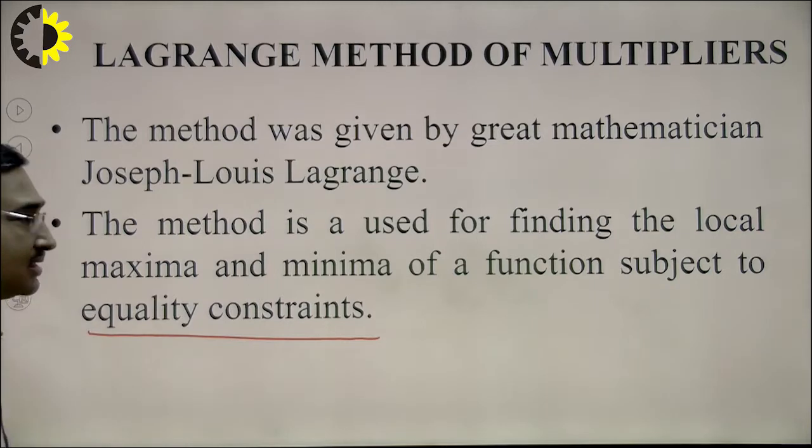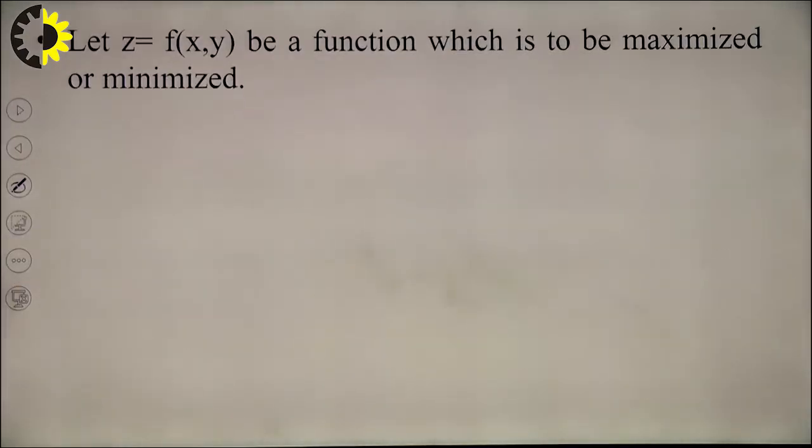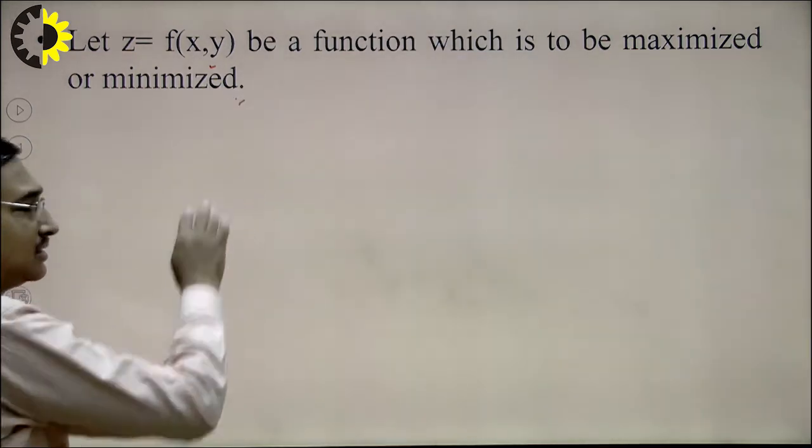Let us first understand what we are doing in constraint optimization. Suppose z equal to f(x,y) is a function which is to be maximized or minimized.